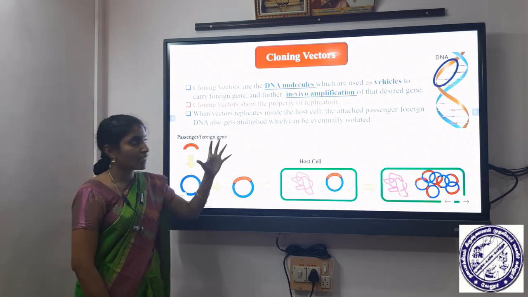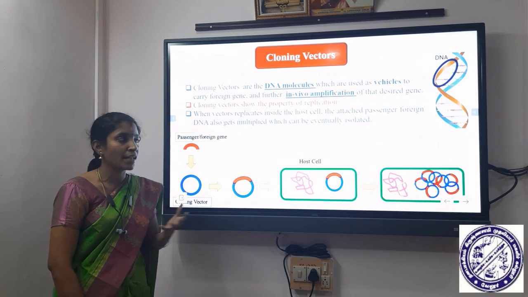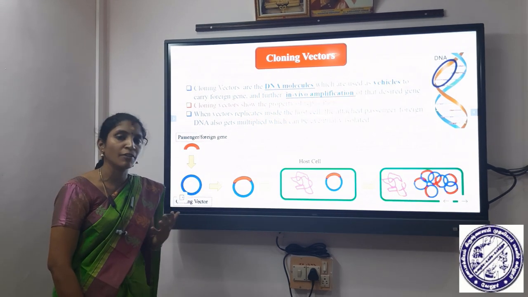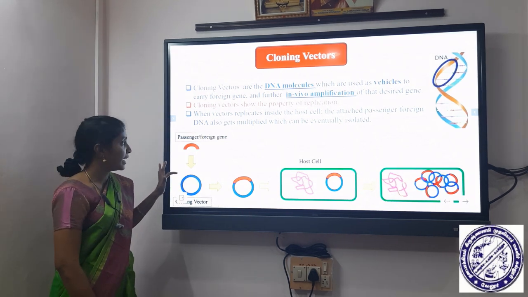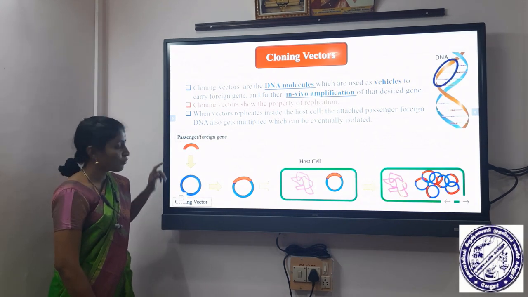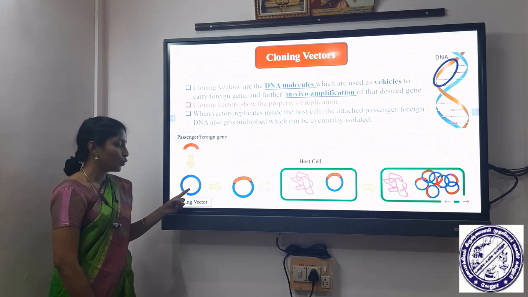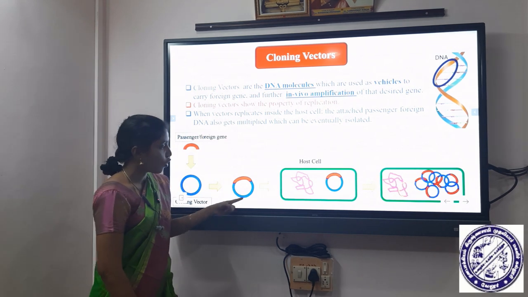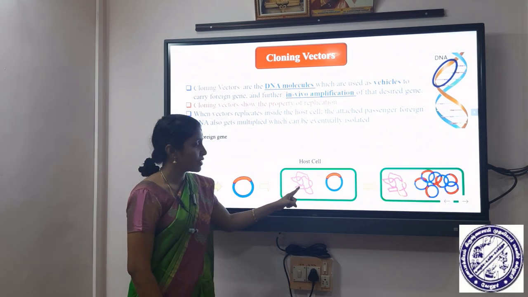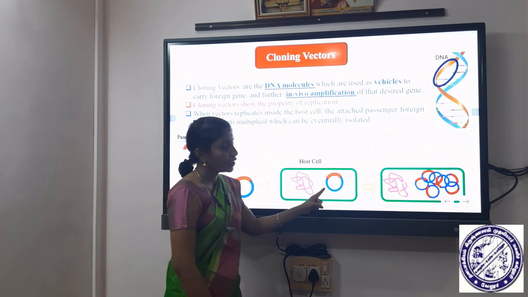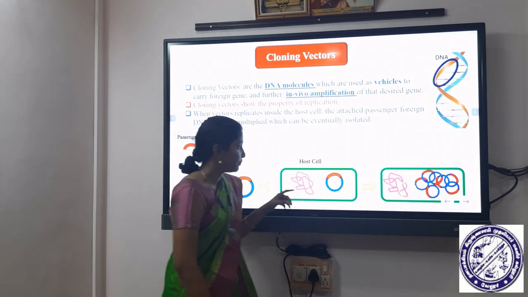When the vector replicates inside that host cell, obviously that gene of interest also replicates. So this is a diagram. This is a foreign gene. Once it is inserted into the cloning vector, this is a recombinant DNA. After that, we insert it into the host cell. Inside the host cell, they multiply.